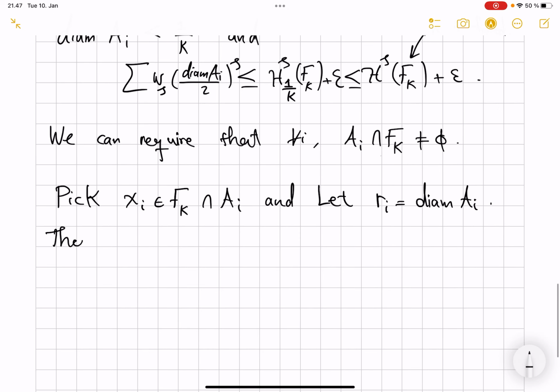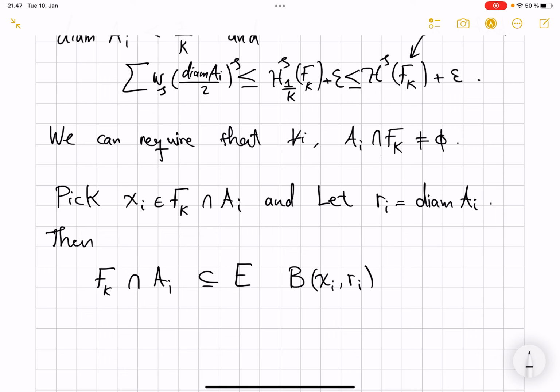Then what happens is that this Fk intersection with Ai is a subset. Well, Fk is a subset of F, which in turn is a subset of E. And Ai, well, you have a point in Ai, and then you have the radius equal to the diameter. So if I take this ball at xi with this radius, its radius is equal to the diameter. It contains even the farthest points from Ai.